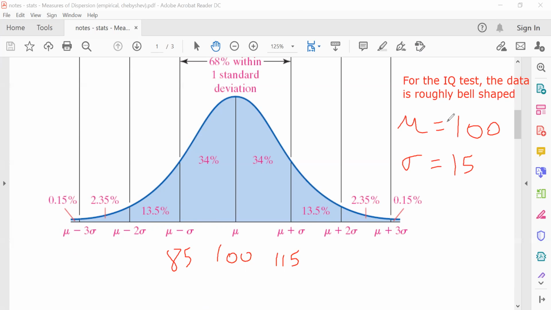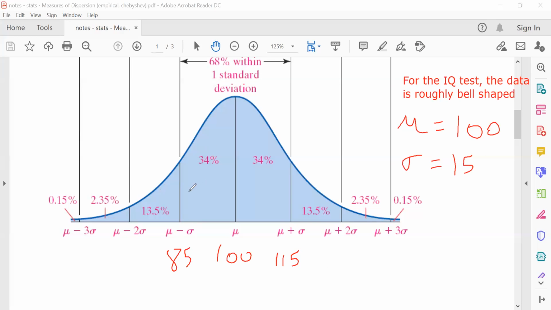So now going even further with it, that means that 68% of all test takers, 68% of all people, have an IQ between 85 and 115. That's pretty cool, isn't it? Well, it's moderately cool. That's what it's telling us.